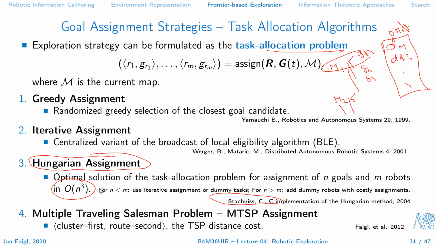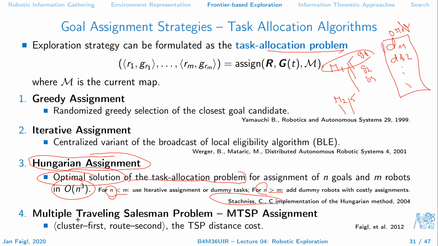Of course, in our setup, we can have fewer goals than the number of robots, and also more goals than the number of robots. So we can consider dummy tasks for that, and we can solve it. What is quite important is that the Hungarian algorithm is an optimal solution for the task allocation problem, but we are just in one iteration of this exploration loop.